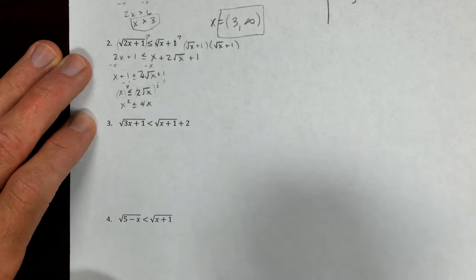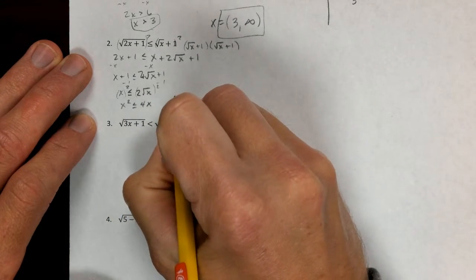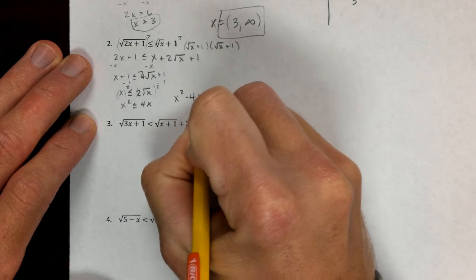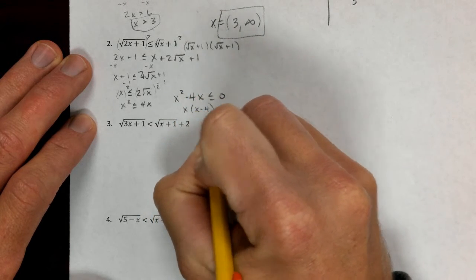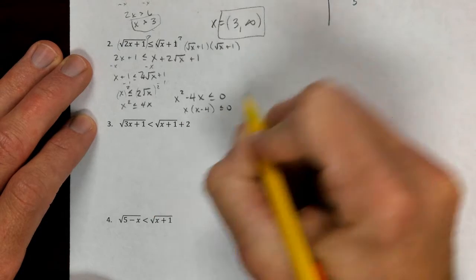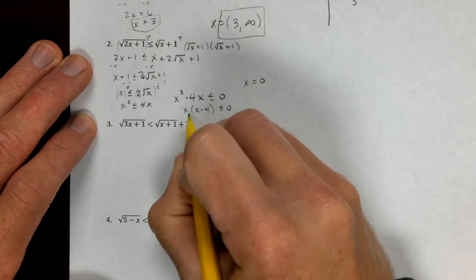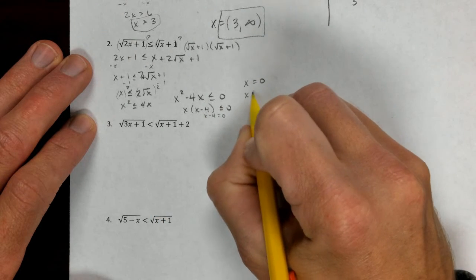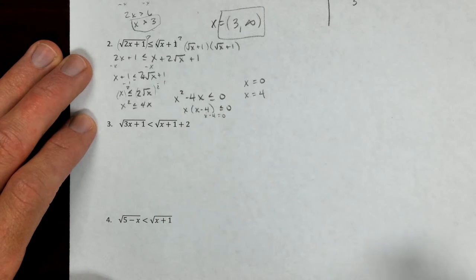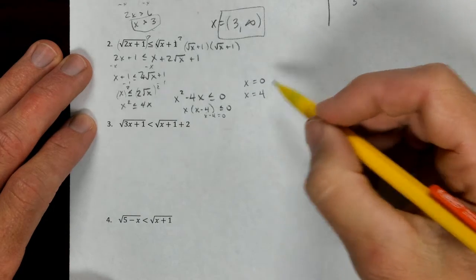So now we're there. Now let's get our x's on the same side. So we get x squared minus 4x is less than or equal to 0. So we can factor that into this. So we have x equals 0 is a solution, and we have x minus 4 equals 0. So we get x equals 4 as a solution. So we have two solutions at 0 and at 4.